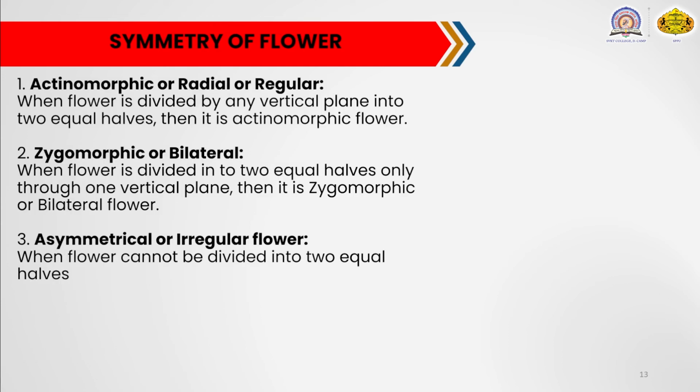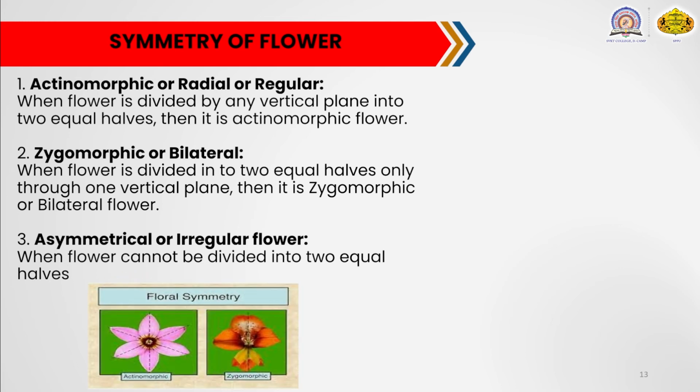Now we are going to see the symmetry of a flower. There are three kinds of symmetry, or symmetrically there are three types of flowers. The first is the actinomorphic flower, or radial flower, or regular flower. Actinomorphic means when a flower is divided by any vertical plane into two equal halves, it is called an actinomorphic flower.